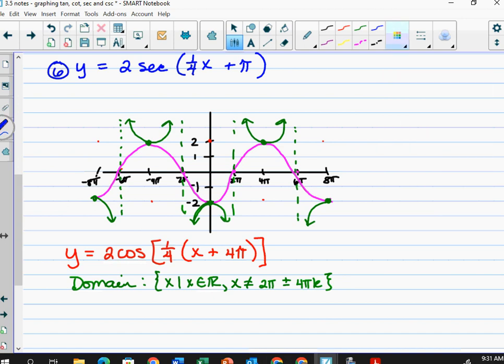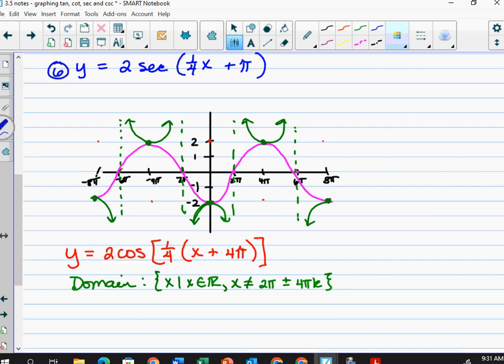All right, guys, we're going to do one more graph. But any questions on that? Everybody doing okay with where the asymptotes come from? It's those midline points.